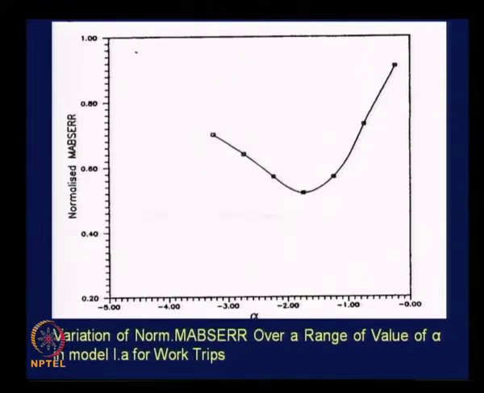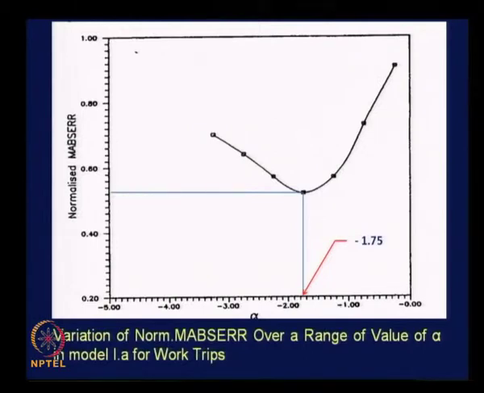And if you do so, we find this is the lowest point in the curve, gives you the least error, and the corresponding value of alpha is minus 1.75. Clear? So this is how we calibrated model 1a, which is under doubly constrained formulation.